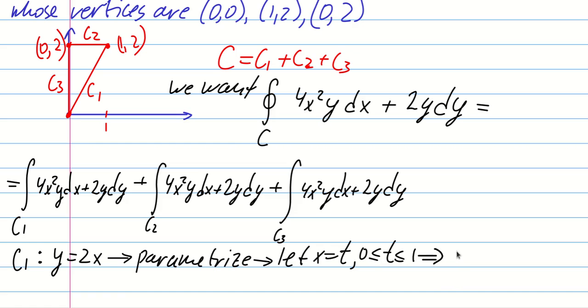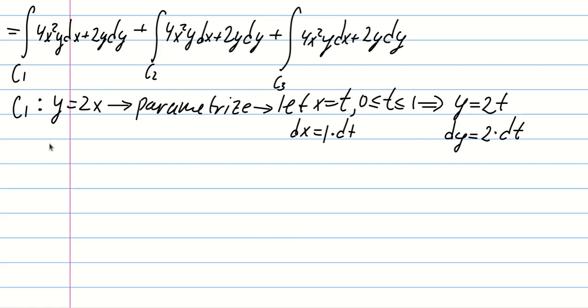So this would imply that y is equal to 2t. So what does it mean for dx? dx is the derivative of t, which is 1 times dt, and dy is equal to 2 times dt.